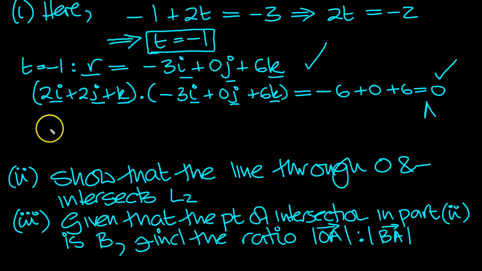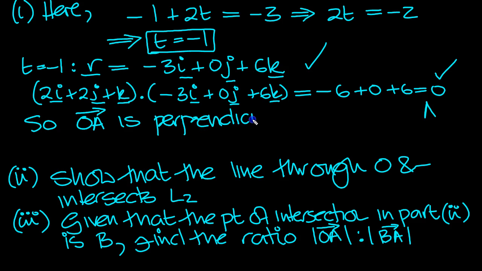OA is perpendicular to L1 by the dot product property, since if the dot product is 0, then the cosine of the angle is 0.